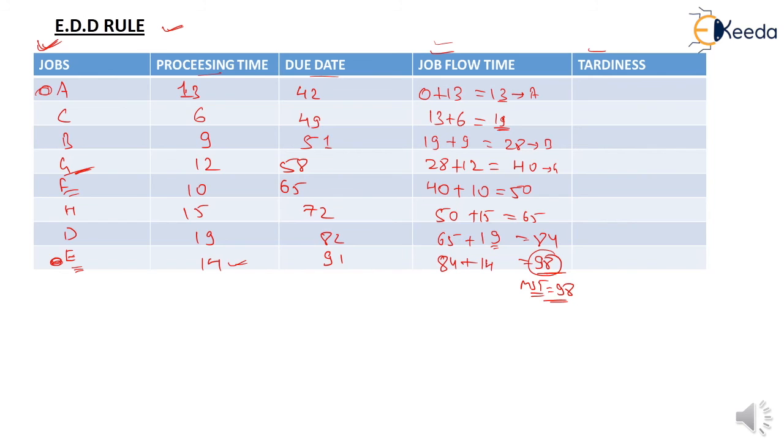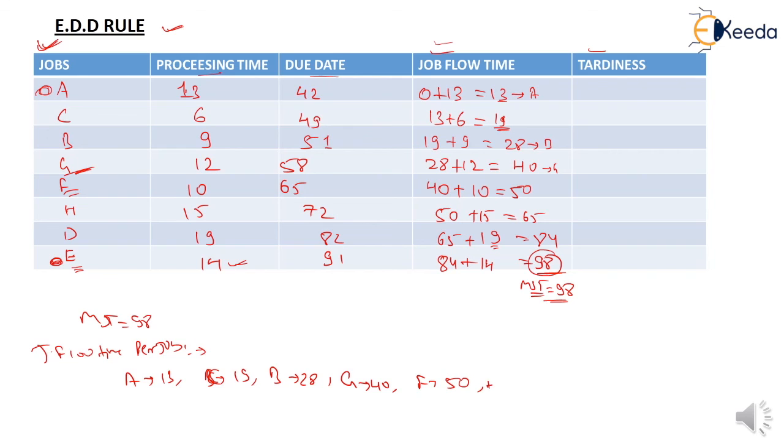Here the makespan time is 98, and the job flow time per job is: for A job 13, C job 19, B job 28, G job 40, F 50, H 65, D 84, and E is 98. Okay students, job flow time for each job. Clear to all? And the makespan time is 98.